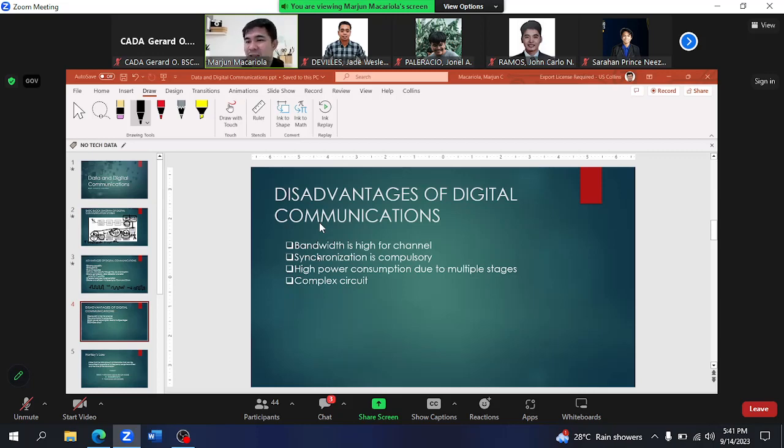So that provides greater transmission of data. Yet sa digital communication, somehow that is positive and negative. Positive in a way that to be able to have a greater bandwidth, it will provide you greater transmission of data. Okay? Pero, mahirap i-achieve yung mataas na bandwidth. So that is why it is considered as disadvantage.